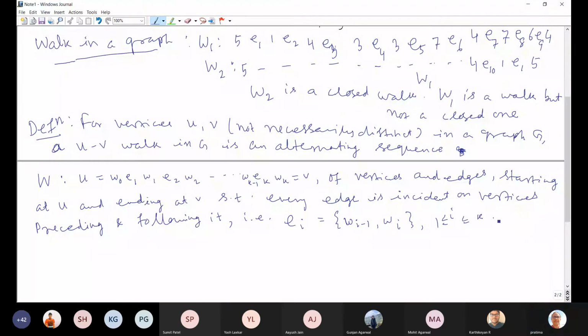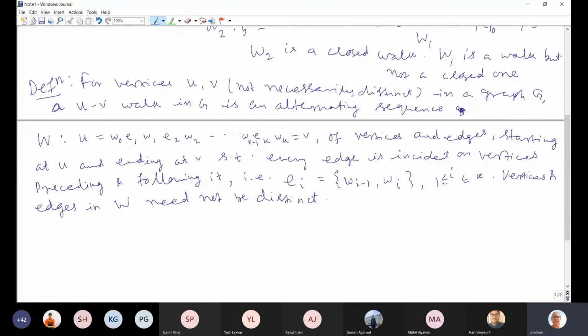So here, the vertices and edges in W need not be distinct actually. Well, so we can define a walk in this way.